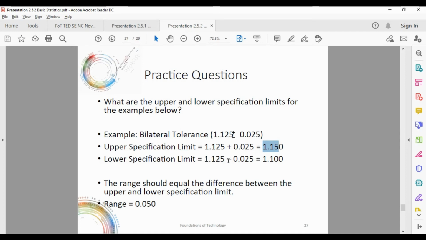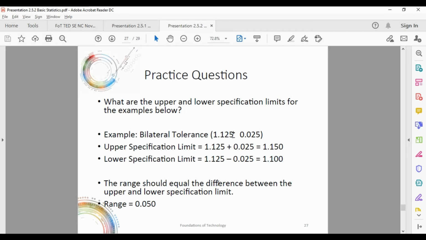The lower specification, you just subtract that number from this, which is probably the mean. Now, I can't say specifically because I don't know exactly where they pull these numbers from, but that is the general assumption. It's either the mean or the design constraint. So when I subtract, I get this new set of numbers. And it could be listed as a range, because as long as my result is between 1.15 and 1.1, I'm good.